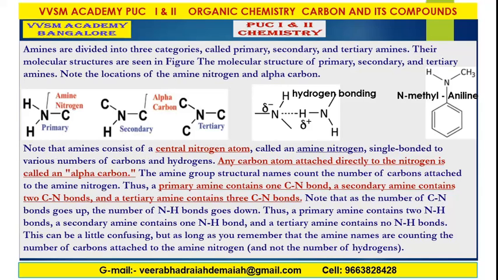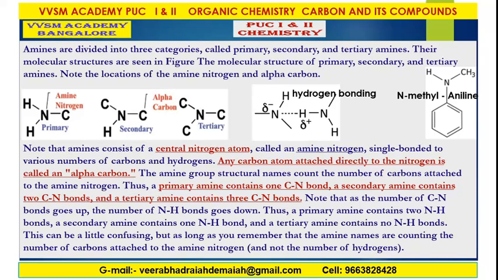You can replace the hydrogen atoms accordingly depending upon the nature of the organic chemical reaction. Amines consist of a central nitrogen atom called the amine nitrogen, single bonded to various numbers of carbons and hydrogens. As I told you, three hydrogen atoms are attached to the central nitrogen atom.